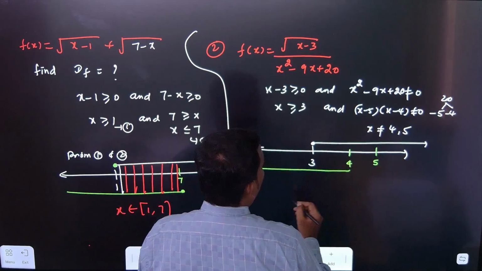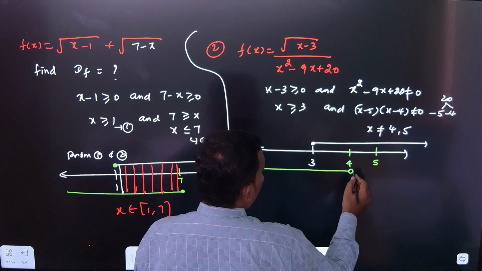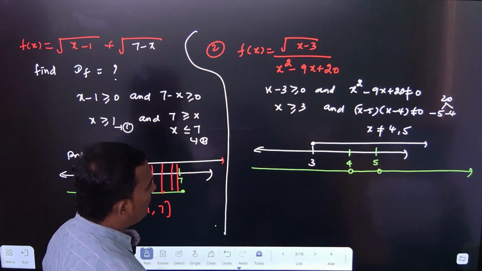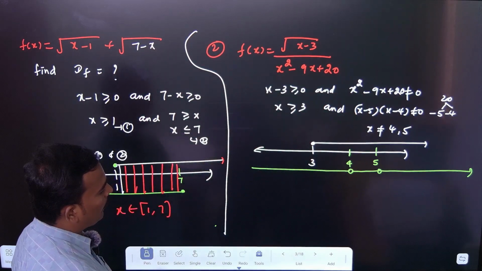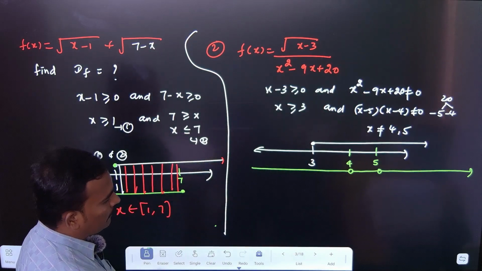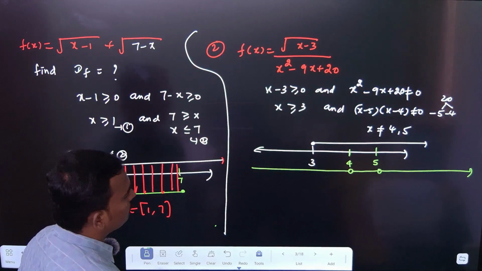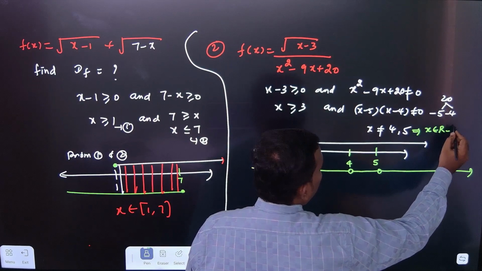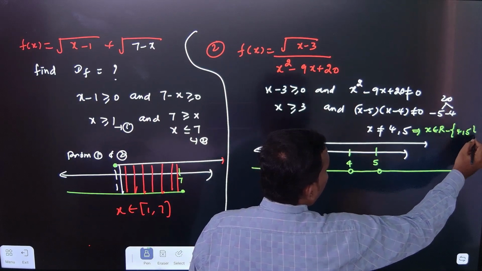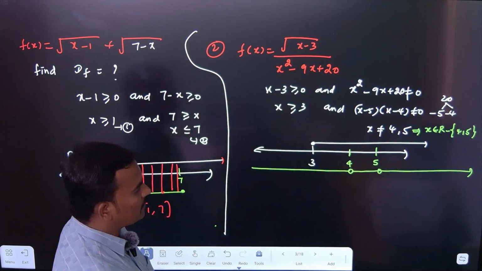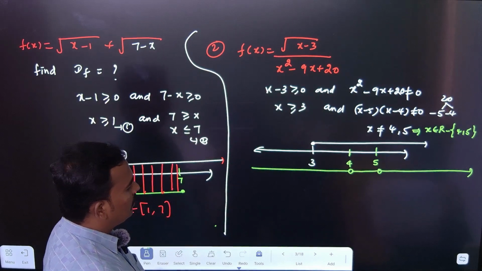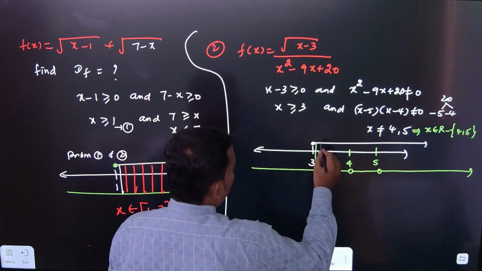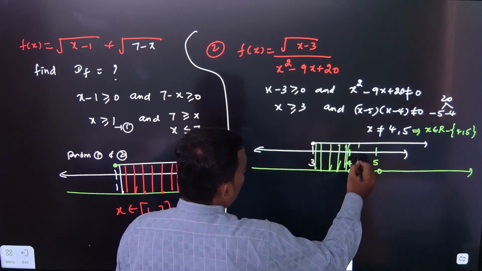So x belongs to minus infinity to 4, then 4 to 5, and then 5 to infinity. So the whole expression, you can see which is common. The defined values are all except 4 and 5. So the green color and white color which is common, this is only common, right? This is only common.